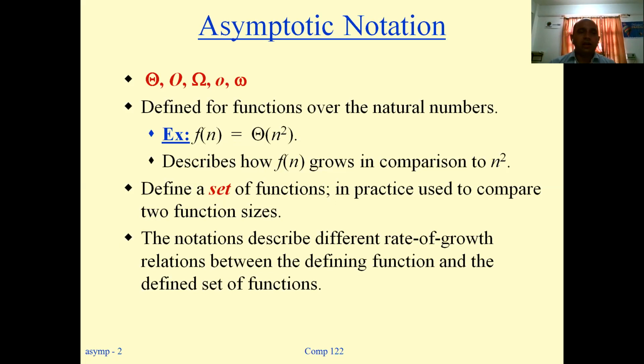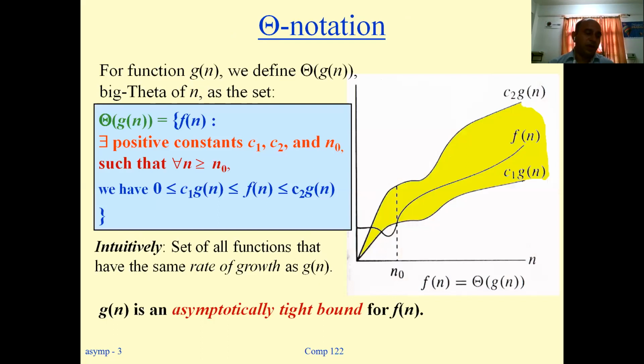These notations define a set of functions, used in practice to compare two function sizes. Basically, these notations represent a function and are used to compare two functions, whether one function is growing or not growing, or whether they are equivalent. So, in the next PPT, we have the first notation, which is known as theta notation.